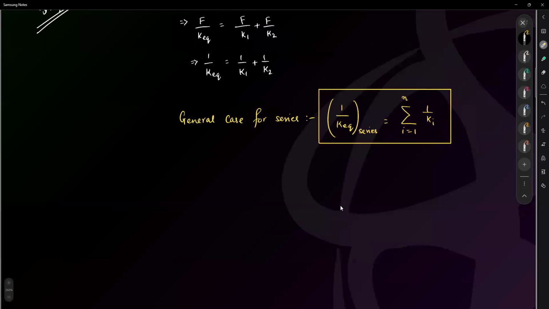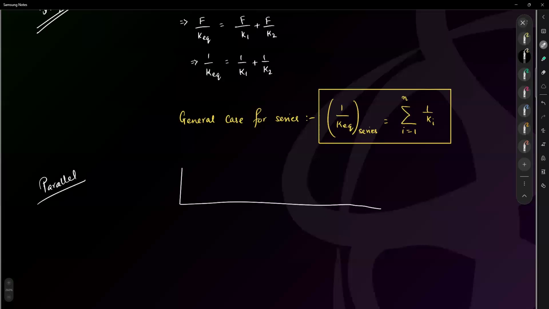What about parallel? See, the diagram for parallel is something like this. One spring is connected like this, and another spring is connected like this.